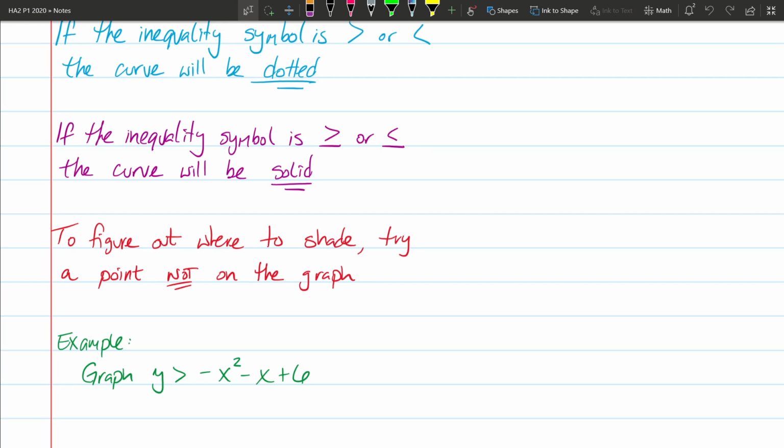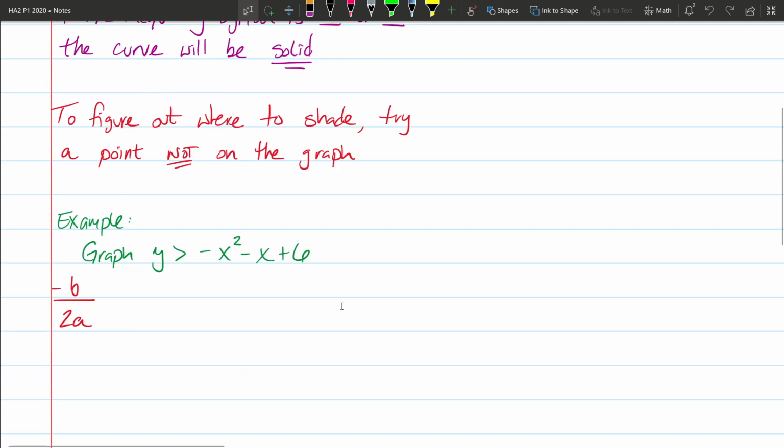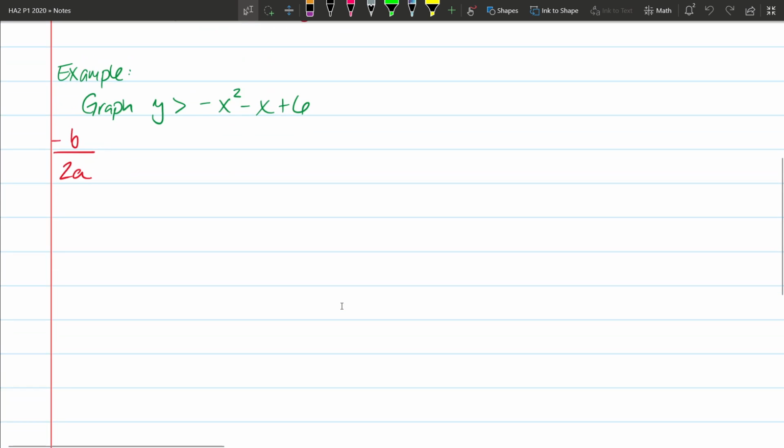So I'm going to pick my x coordinate first. And the equation for that was the opposite of b over 2a. Let me scooch this down. So in our case, negative b would be positive 1.